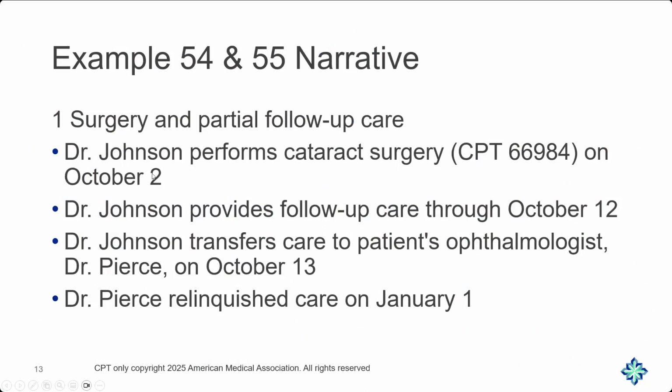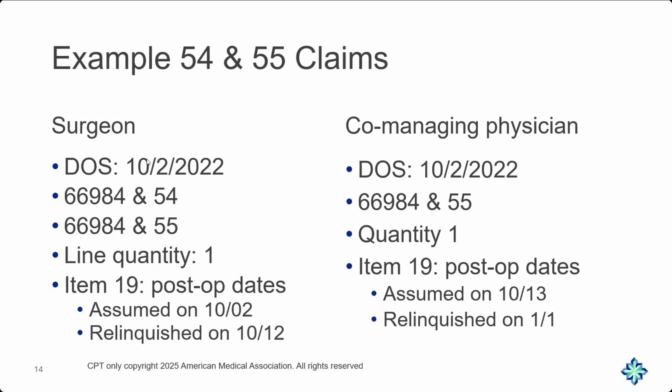So how does all of this work together? Well, the surgeon's claim first comes in and we do have the surgical date. Here you've got the 66984 with 54 and then the 66984 with 55. Each line quantity has 1. In item 19, you're going to see post-op dates. Assume care, well, that makes sense. It's the day of surgery. They relinquished care on 10/12.